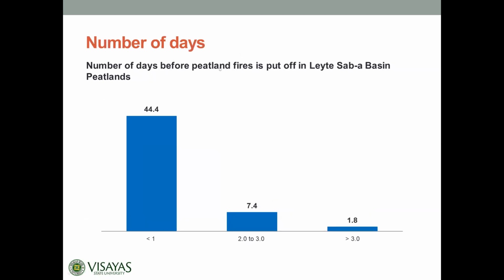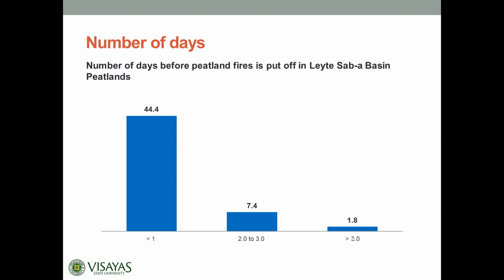Then in terms of the number of days before peatland fires are put off in Leyte Saba Basin peatlands, 44.4% of the respondents reported to us that these peatland fires are put off in less than a day. However, the extreme case is we have 1.8% of the 54 respondents who told us that the fires can be put off in more than 3 days.